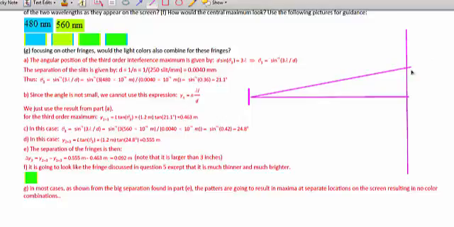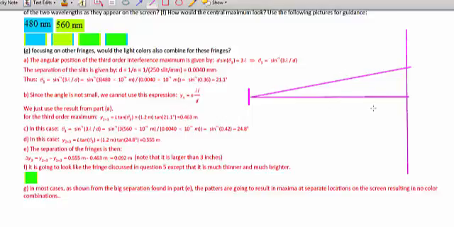If my third order maximum is here, that would be y sub 3 from here to here. This is theta sub 3. In the small angle approximation, this distance, which is this side of the right angle triangle, is about equal to the hypotenuse. They are not much different. But when we have large angles like 21 degrees, they are not equal.